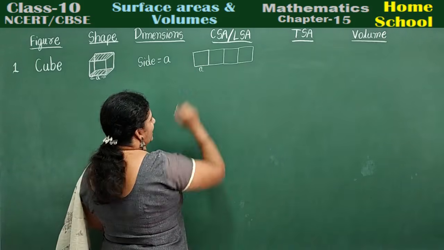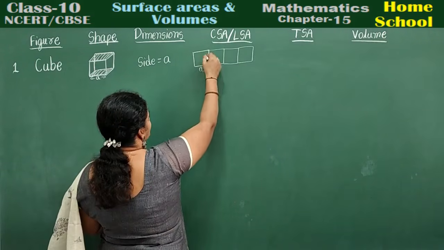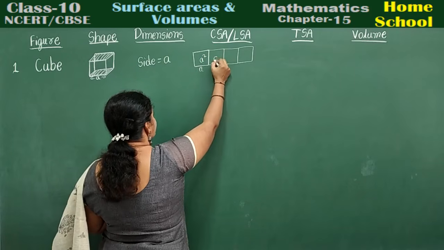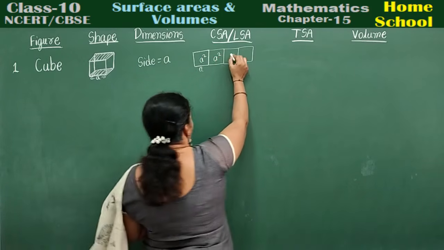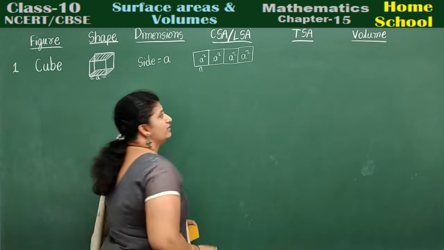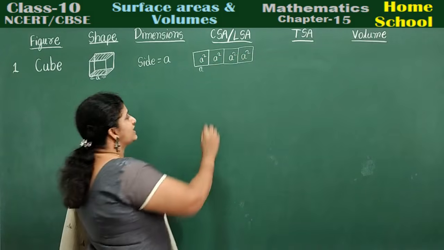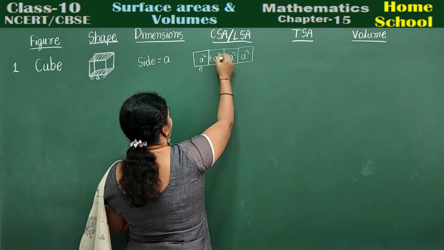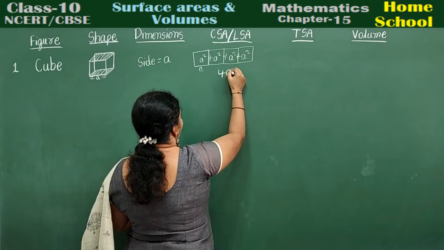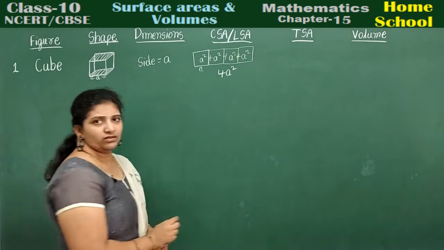Having each side a, what is the area of this square? a into a, a square. And this square, a square, a square, a square. Right? Lateral surface area of a cube: add all these. What do you get? 4a square.